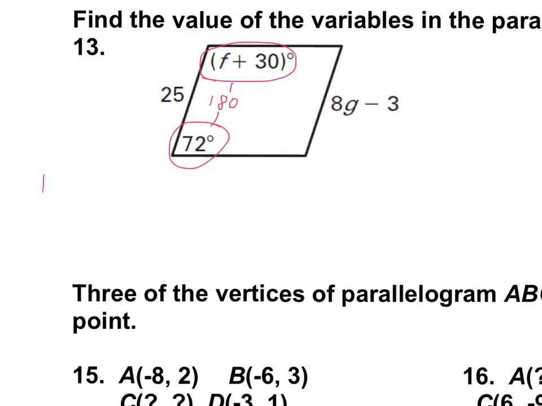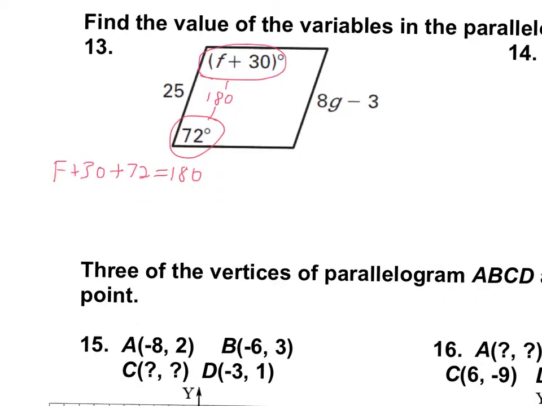So I'll do f plus 30 plus 72 equals 180 degrees. Okay, so 30 plus 72 is 102, and then subtract 102 from both sides. So f equals 78.